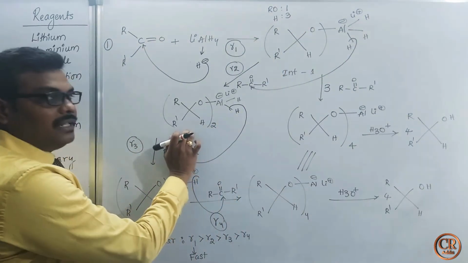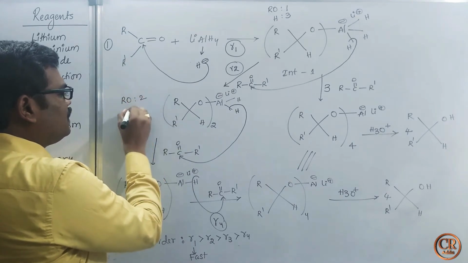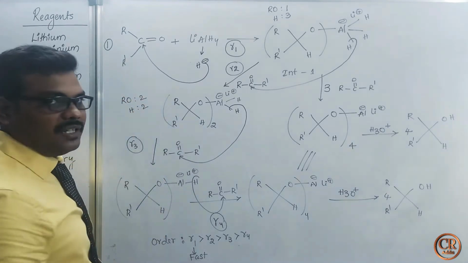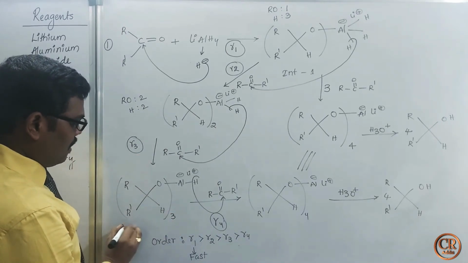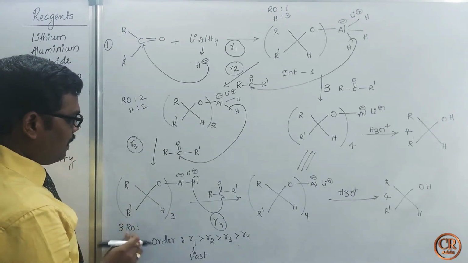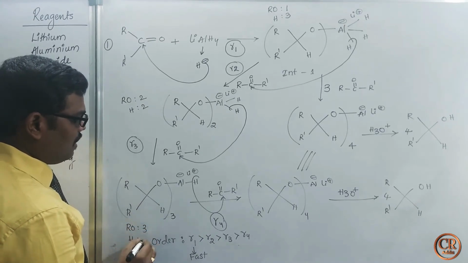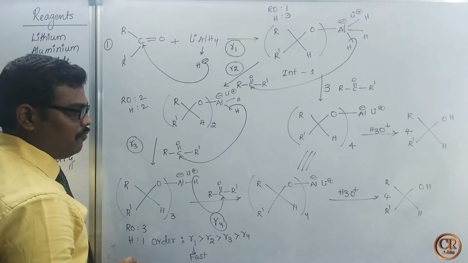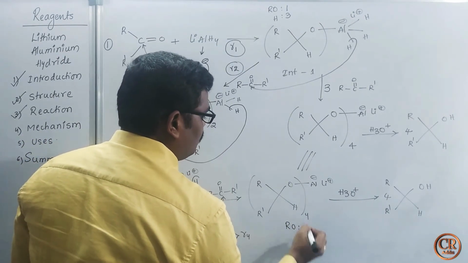But in this complex 2 alkoxy groups and 2 hydrogens are present. But in this complex there are 3 alkoxy groups and hydrogen is only 1. But in this complex 4 alkoxy groups are there.